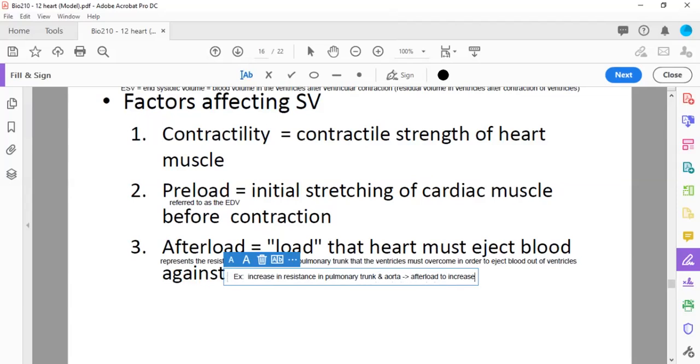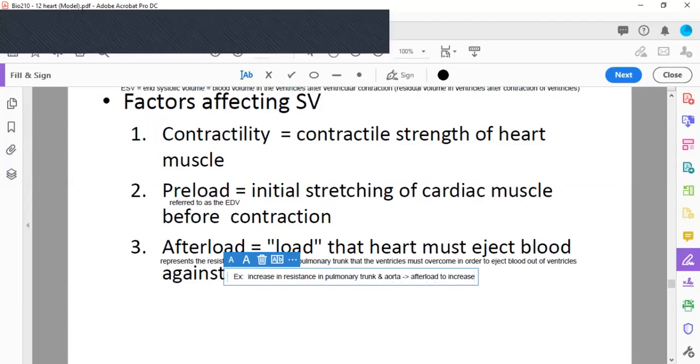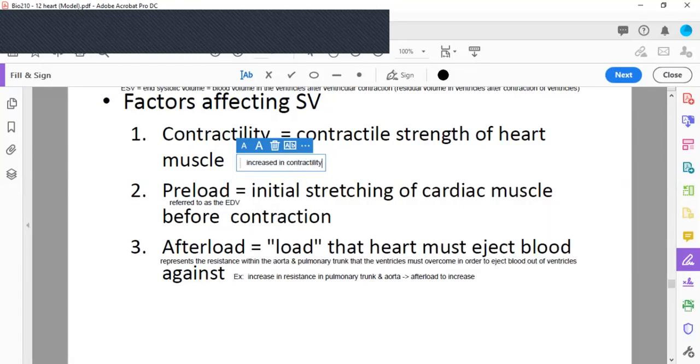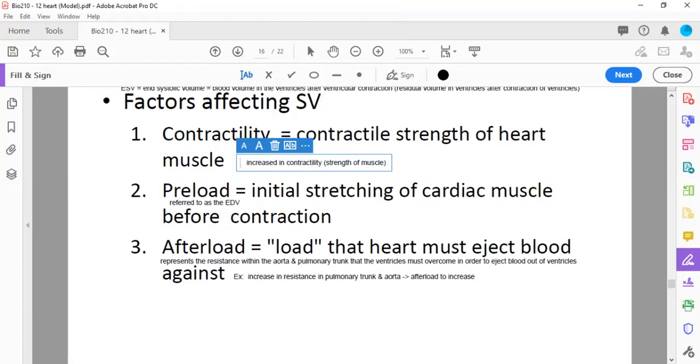All right. So once again, let's see how these three factors affect the stroke volume. Number one, an increase in contractility, or the strength of the muscles, will result in an increase in stroke volume.